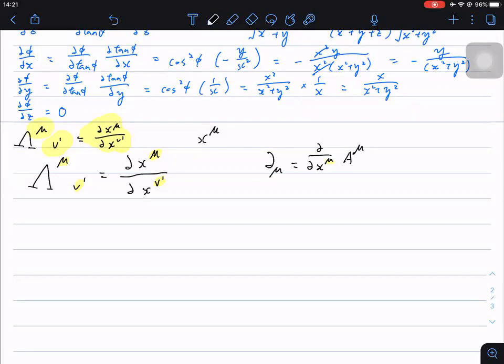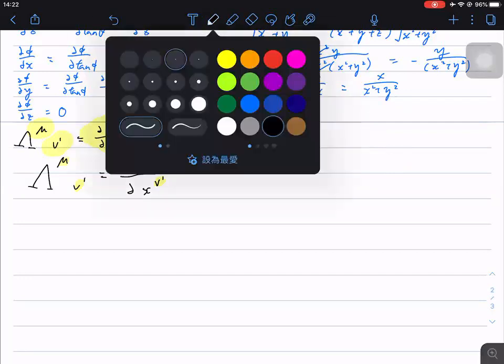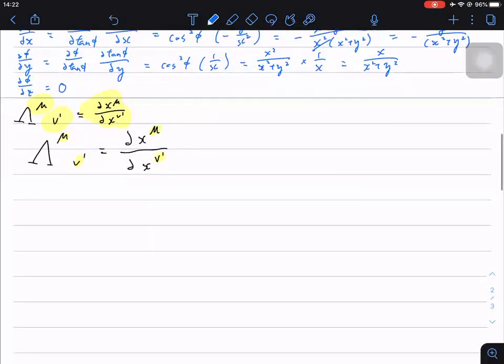So in order for this representation to become a scalar, the notation for the partial derivative should have a mu in the subscript. So that's the general rule for the index notation. Okay, I hope that answers your question. So let's continue.